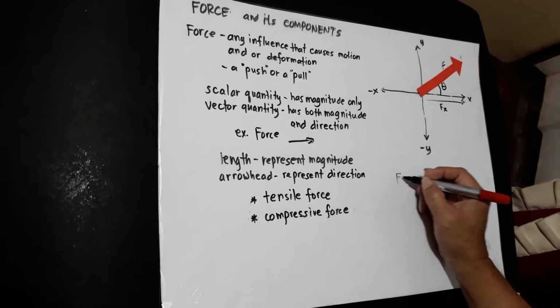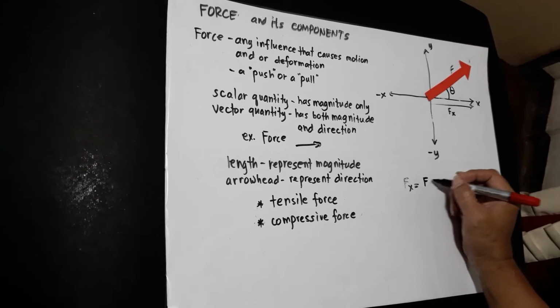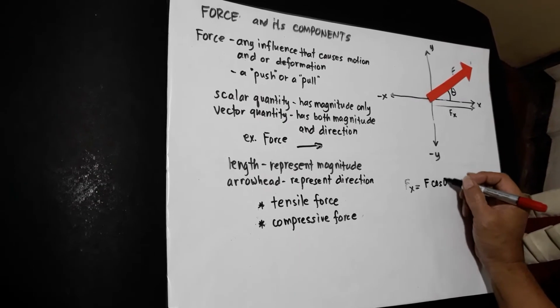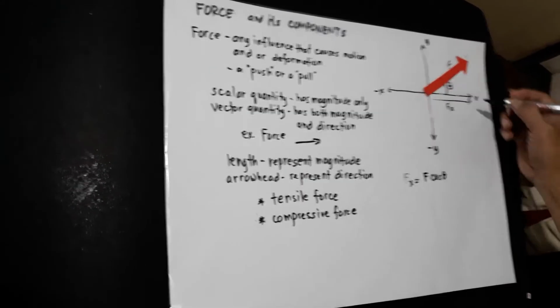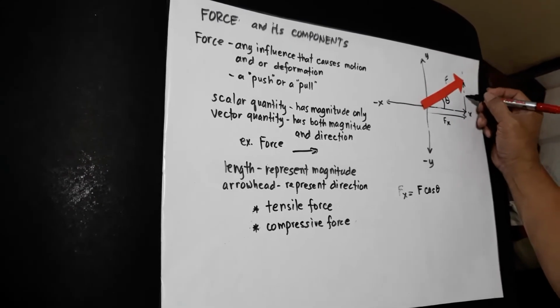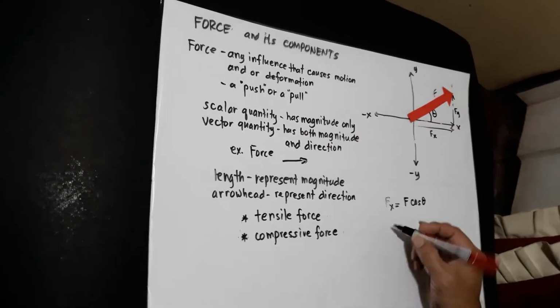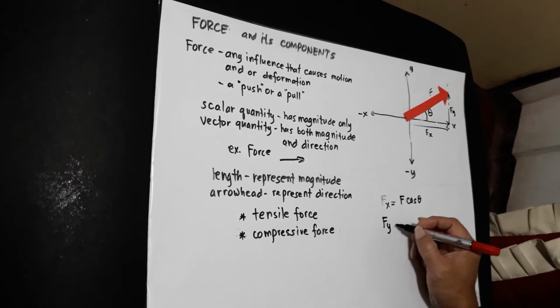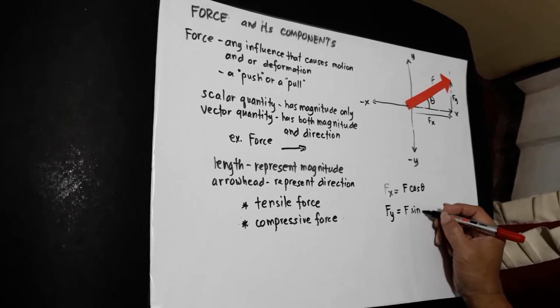If we solve that, it will be F cosine theta, because that is the adjacent side. While this part of the force, which is going up, we are going to call F sub y. How do we solve for F sub y? F sub y is equal to F sine theta.